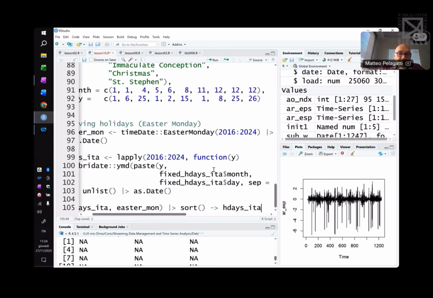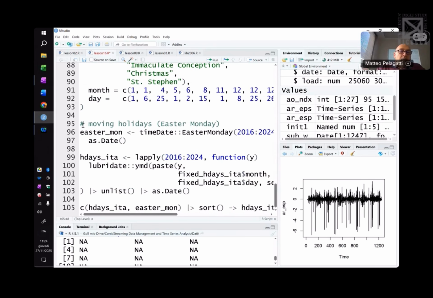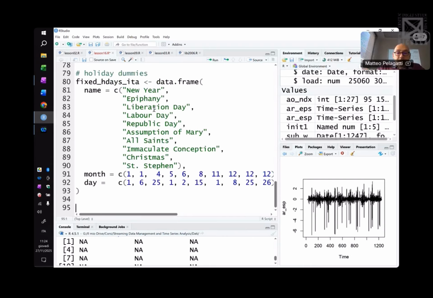So of course you can do that and build your holidays here, but let's just skip this and just use the auxiliary residual to determine which holiday had such a large impact. Okay, and so we can create the holiday dummy, and probably we can set all the, yeah, that's a problem here.